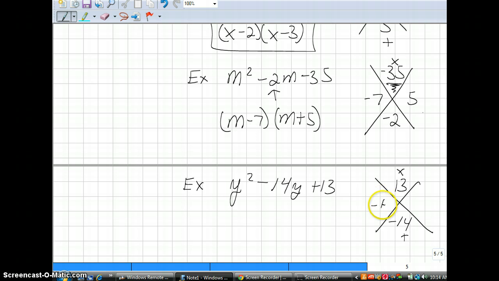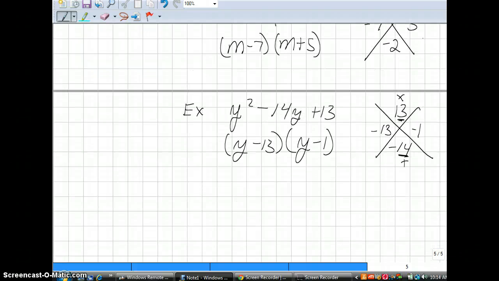That's going to be negative 13 and negative 1. Negative 13 times negative 1 is a positive 13, and negative 13 plus negative 1 is a negative 14. So this is going to be y minus 13 and y minus 1.